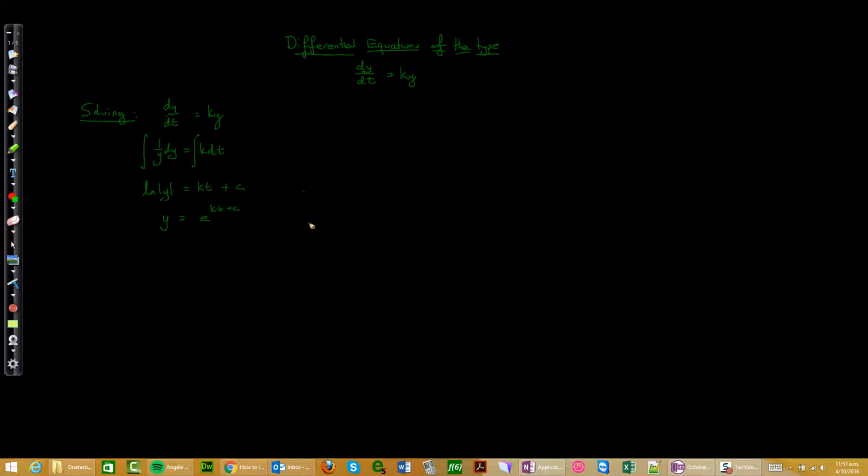Now what I am going to do at this stage is remind you of one of the basic ideas of indices, that if you have a to the power of m times a to the power of n, that would be equivalent to a to the power of m plus n, and so that's true in both directions. So I'm going to use that, and I'm going to write this as two separate exponentials.